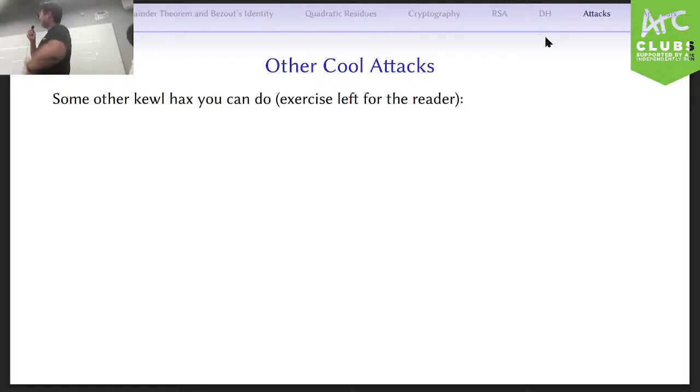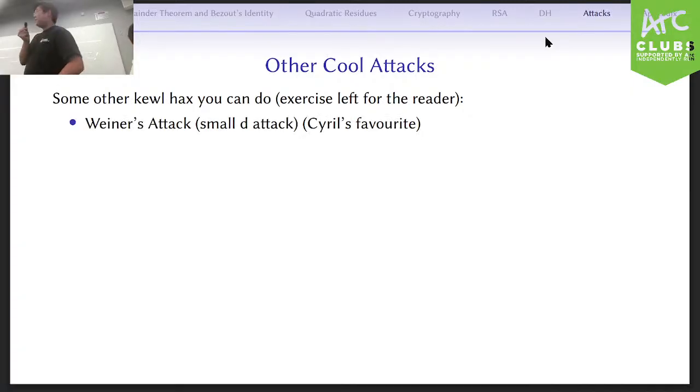So that's all the attacks I'm going to go through today, because that's all we have time for. But here are some other attacks you can look at in your own time, left as an exercise to the reader. Firstly is something called Wiener's attack, or the small d attack. The guy who came up with this was called Wiener, and it operates on the fact that when your decryption key is small, you can again break RSA. So that's why it's a small d attack.